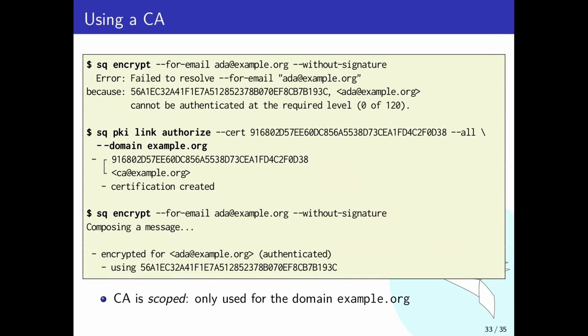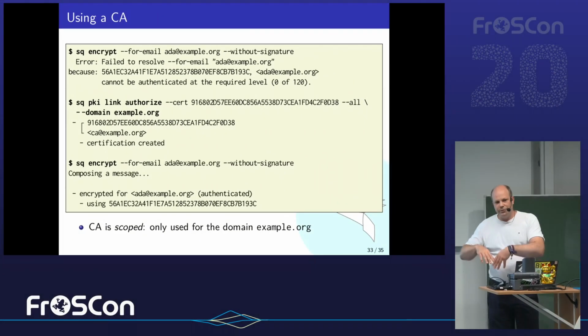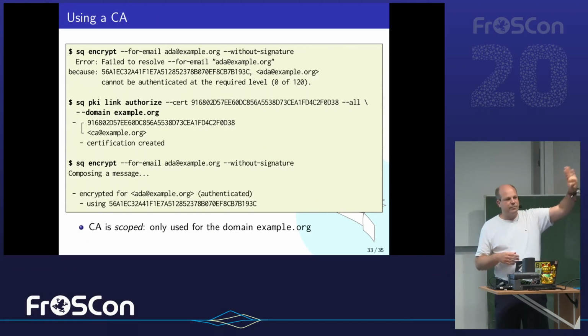We specify the certificate, and we also specify a domain. This is interesting. What does the domain mean? This is a scoping mechanism. If I go to my bank.org and I use their CA in an unconstrained way, they could introduce me. They could say, this certificate belongs to Jeff Bezos at Amazon.com or whatever.